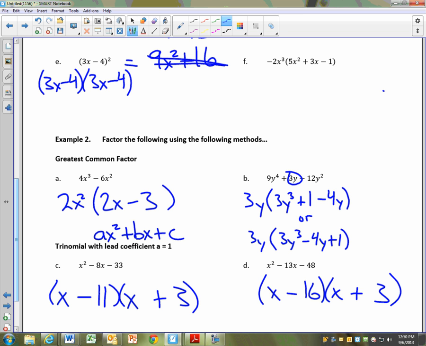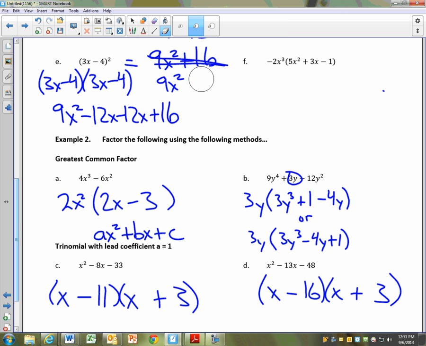And so I will continue to multiply through and distribute. As you multiply all those terms through, combine your like terms: 9x squared minus 24x plus 16.